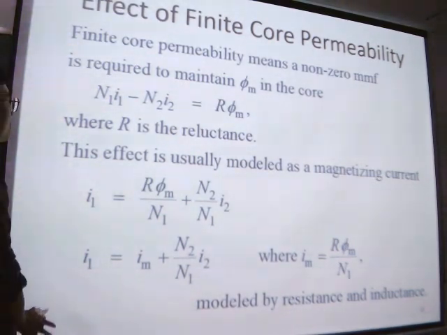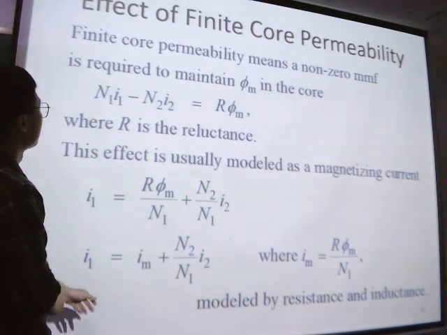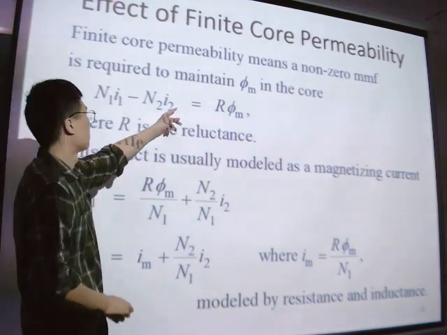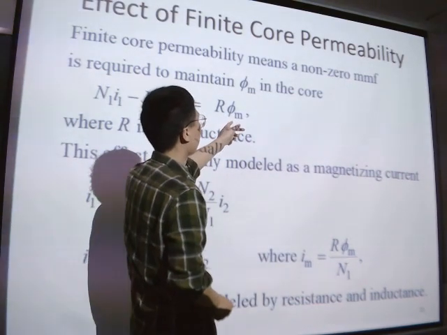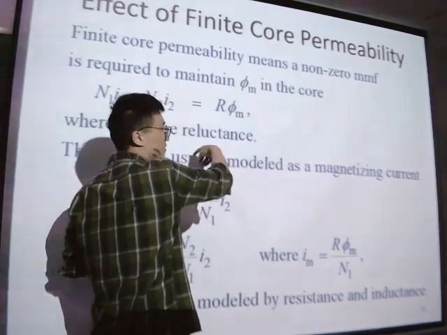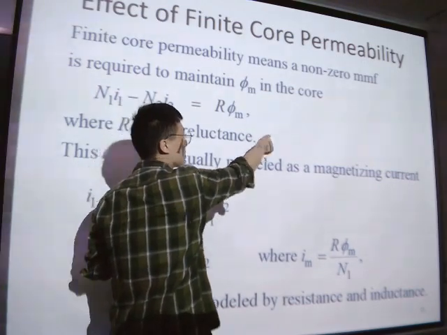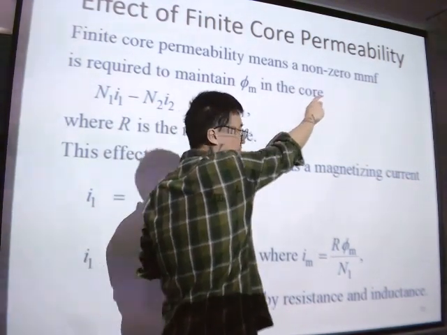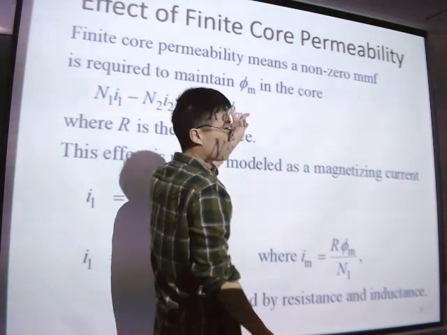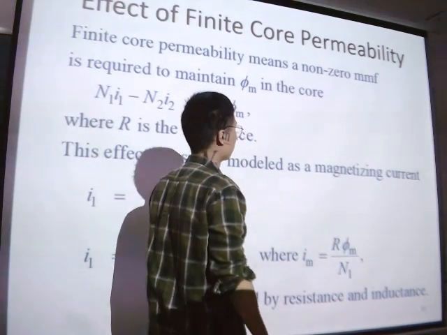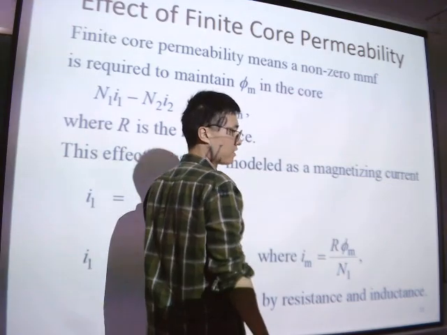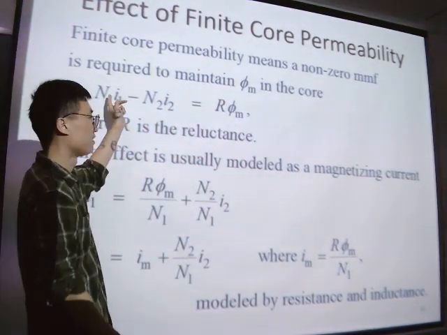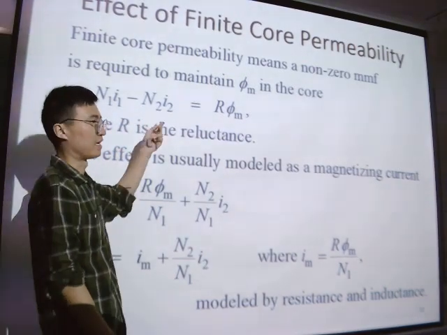These two are not equal anymore because there should be a phi m in the core, because you can see that the magnetomotive force here is no longer zero. So there will be a phi m, the flux in the core between the primary side and secondary side.